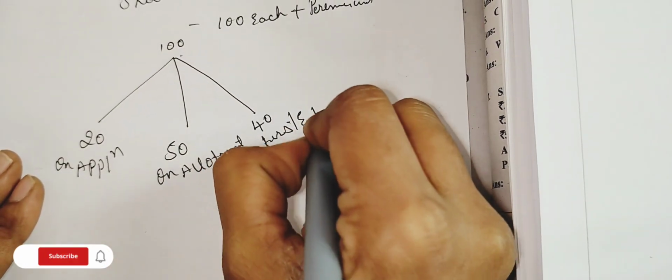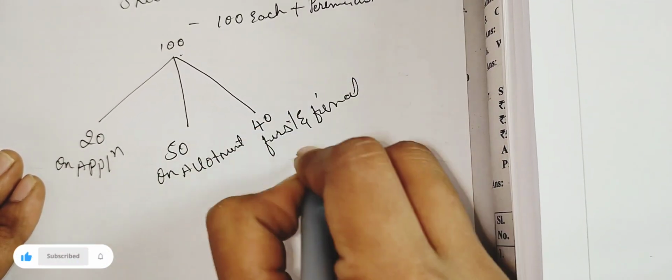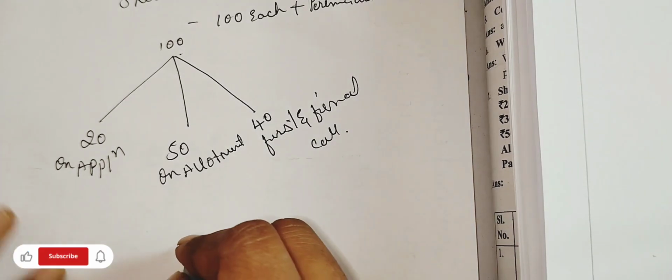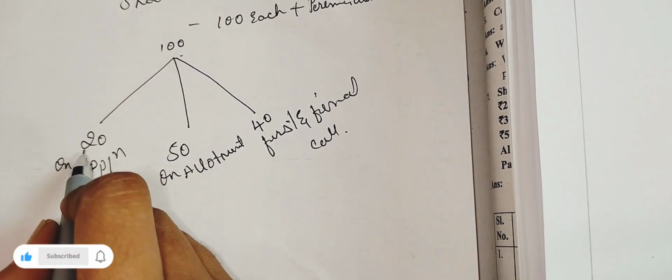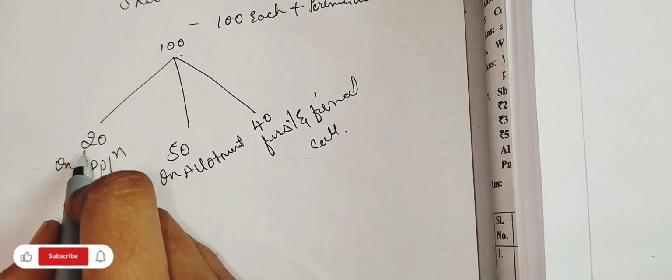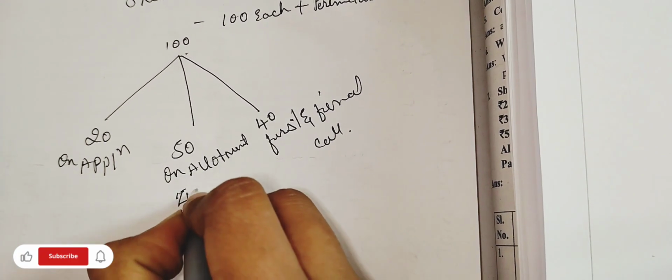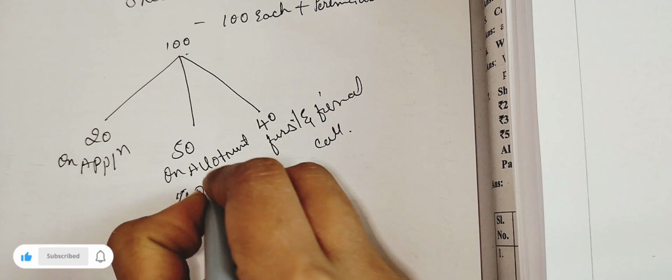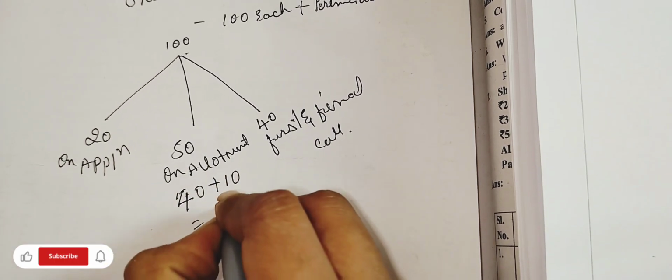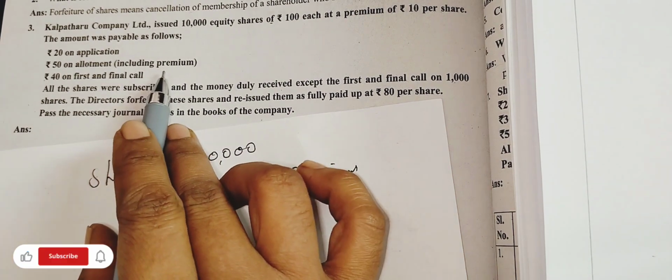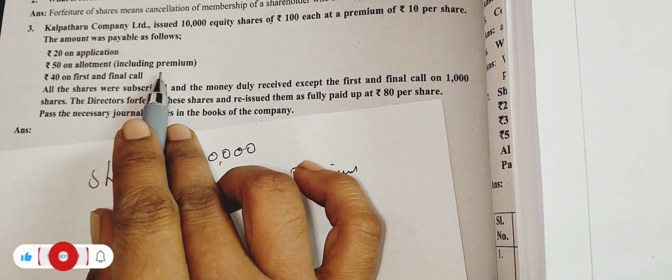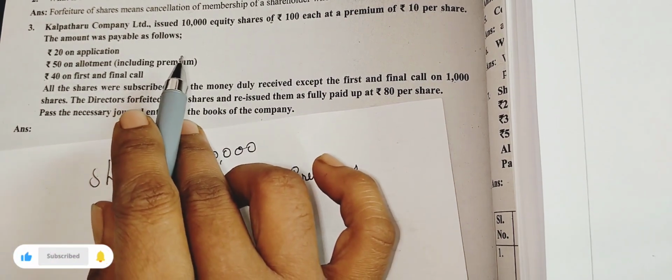So here 40 plus 20 is 60, remaining 40. So this 50 includes 40 rupees plus 10 rupees, that is 50, includes premium. In the stage of allotment, they have included the premium amount also. Right. Now let us solve this question.